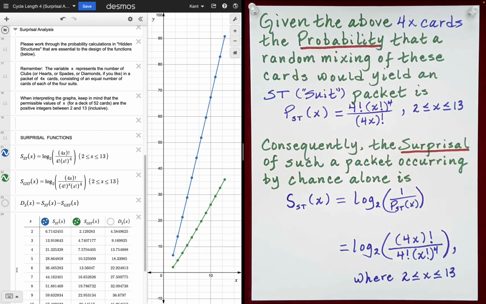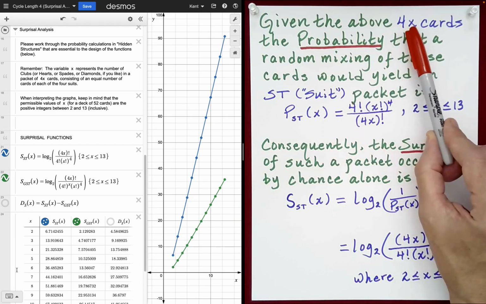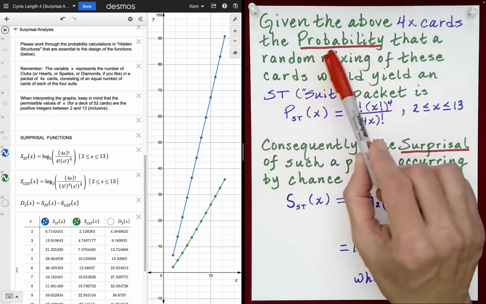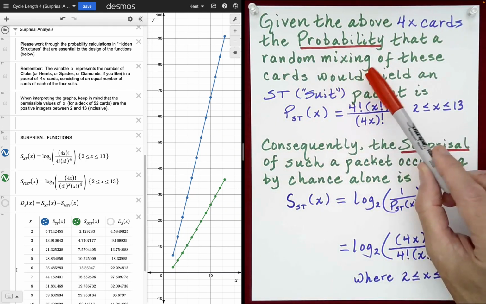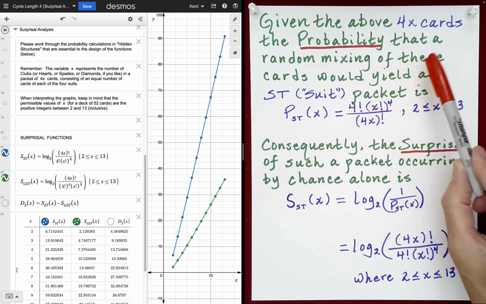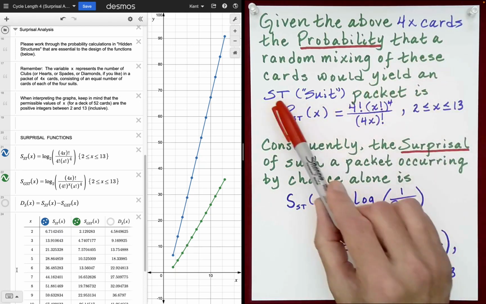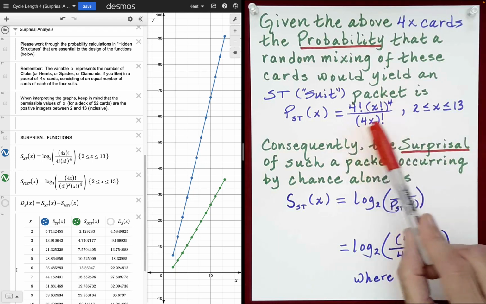In other words, given the above 4 times x cards, the probability that a random mixing of these cards would yield an ST packet is the following.